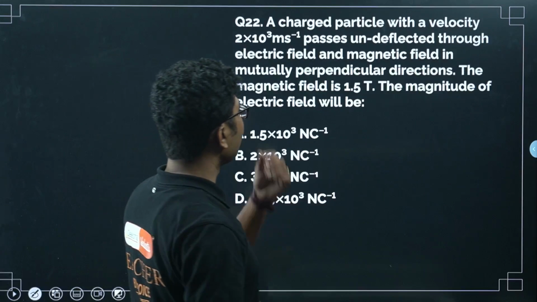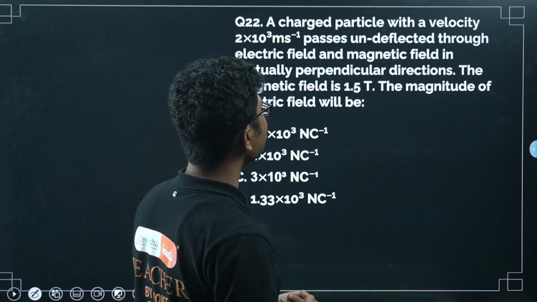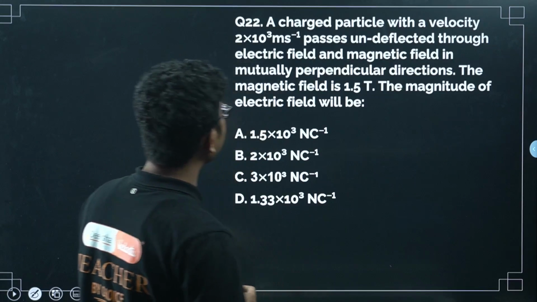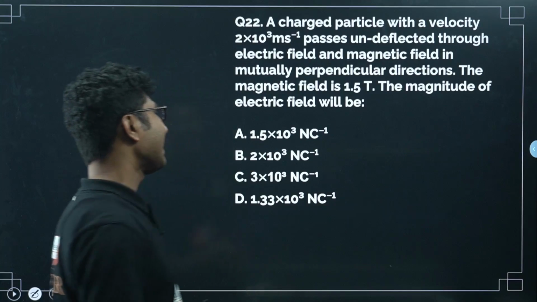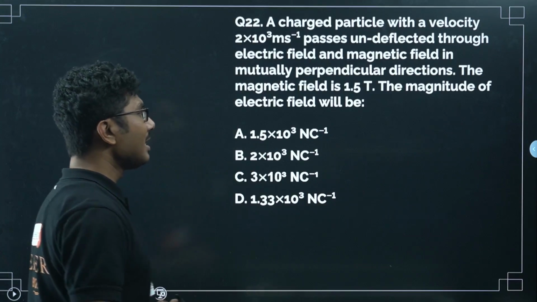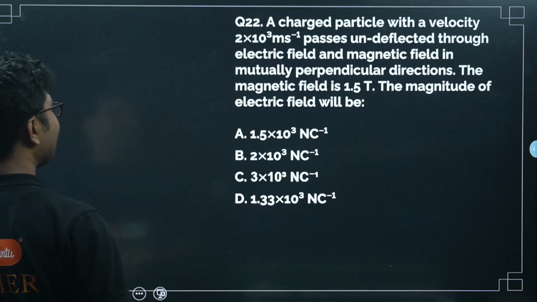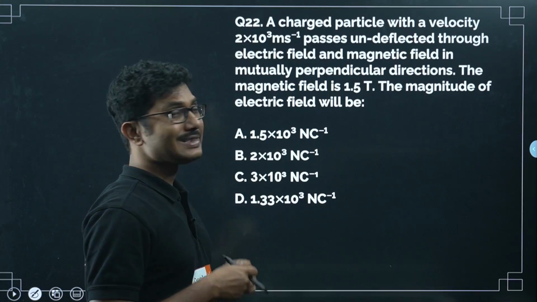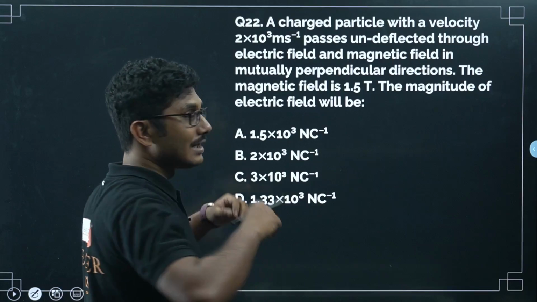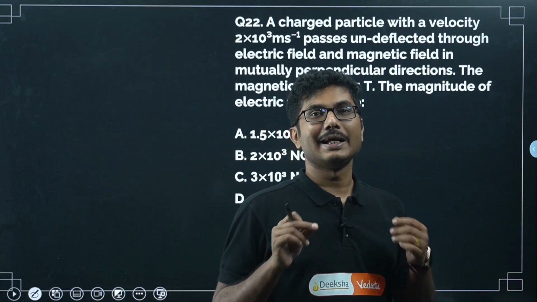A charged particle with a velocity 2 times 10 to the power of 3 meter per second passes undeflected through electric field and magnetic field in mutually perpendicular directions. The magnetic field is 1.5 Tesla. The magnitude of the electric field will be. It does not experience any force, right? So that means the electric force and magnetic force are acting in such a way that they are cancelling each other.